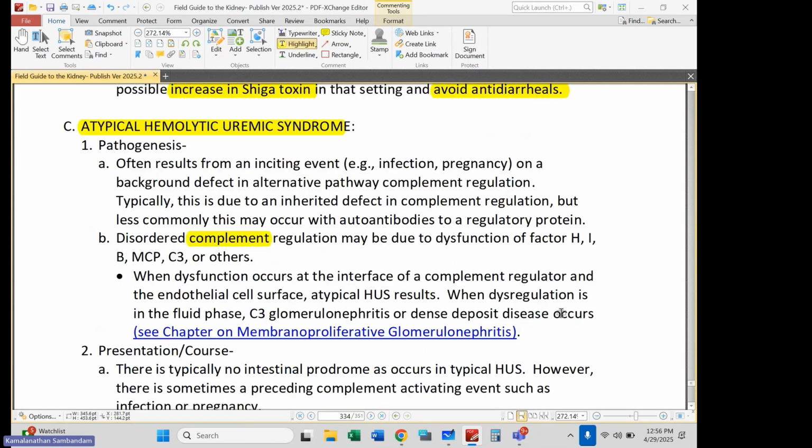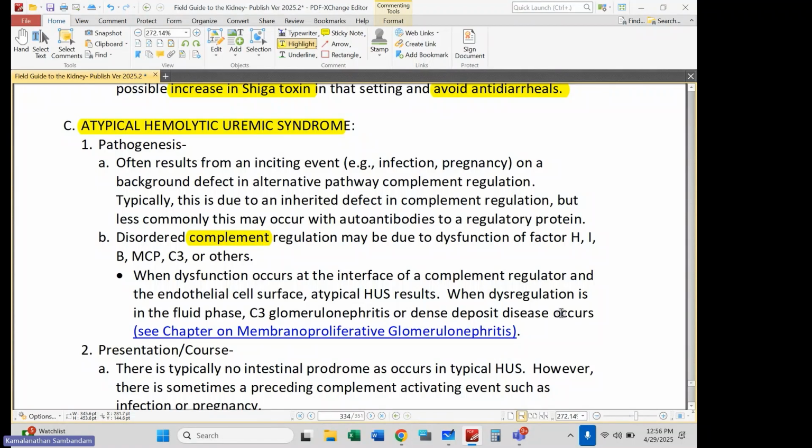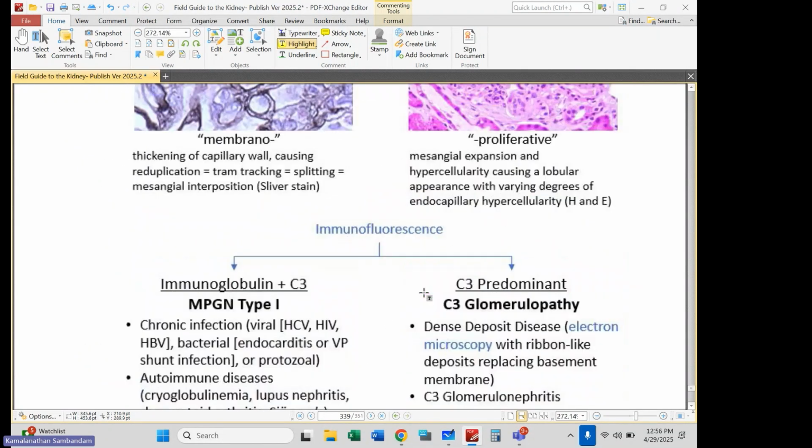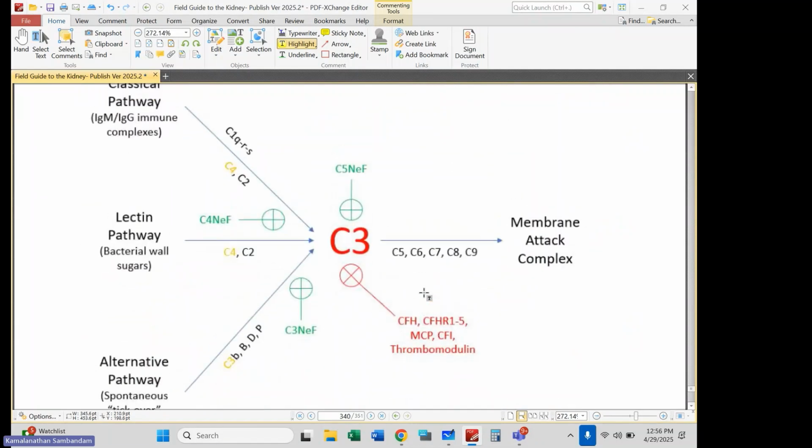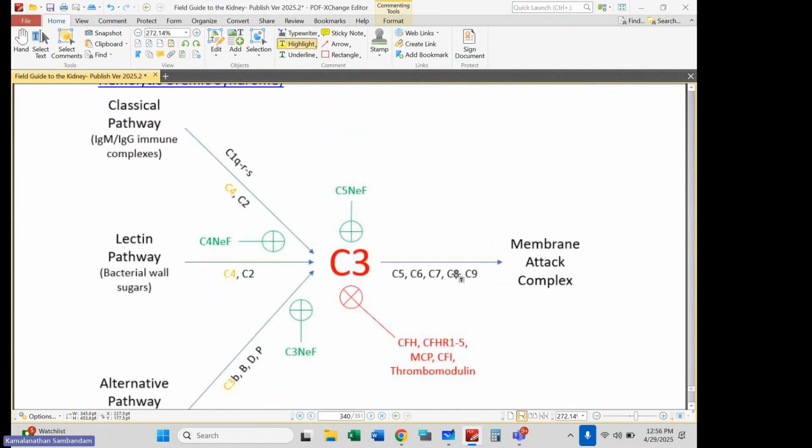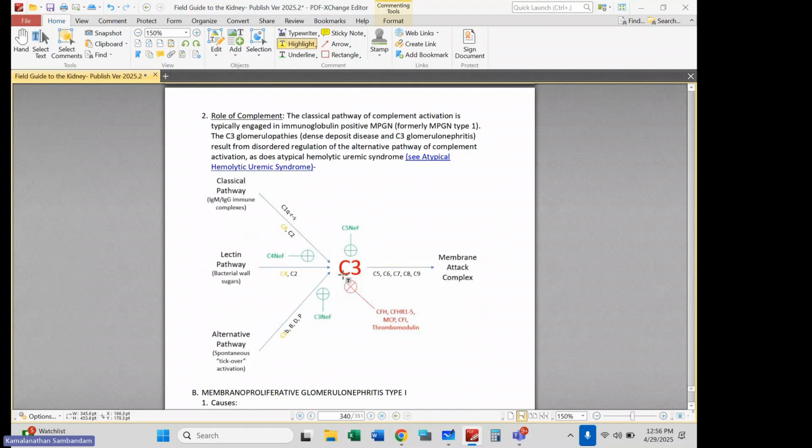Moving on, typical or atypical HUS is a disease of complement regulation. Okay, and again, we'll highlight some of that in our conversation with MPGN, where we'll go over this pathway of complement activation with a focus on the alternative pathway.